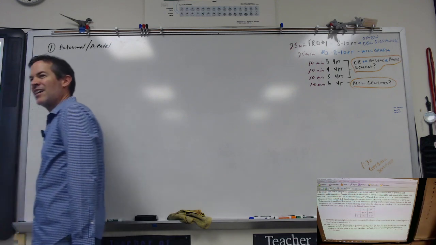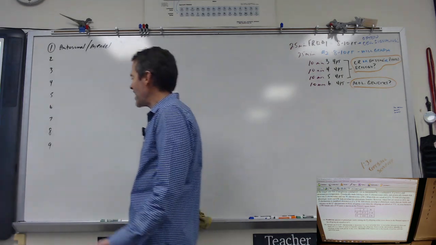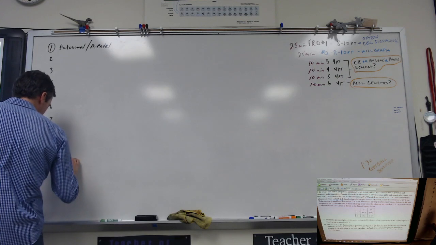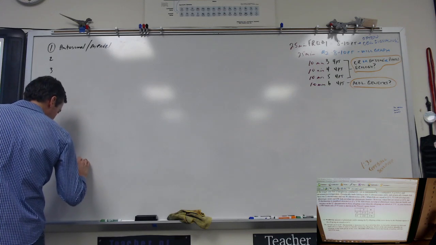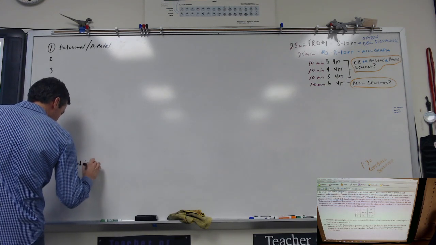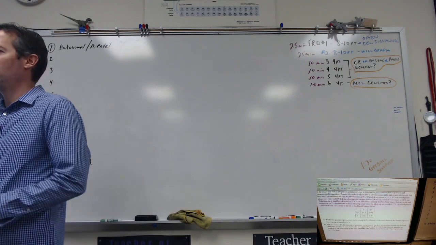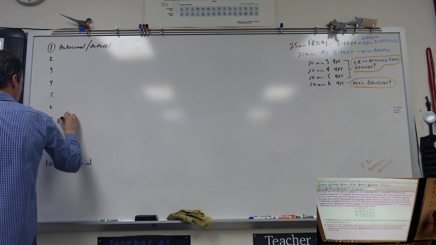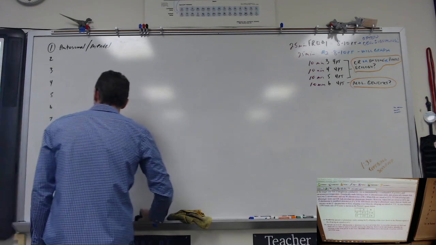I think we had 9 total, 8 others. And then maybe we added on mitochondrial. We'll add that on for number 10. All right, I saw a few hands go up. Okay, pleiotropy. Let me write legibly.